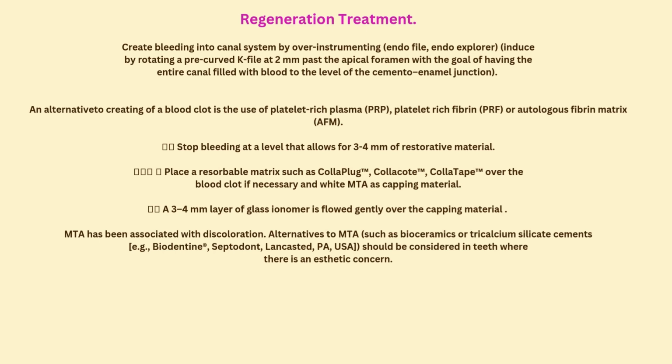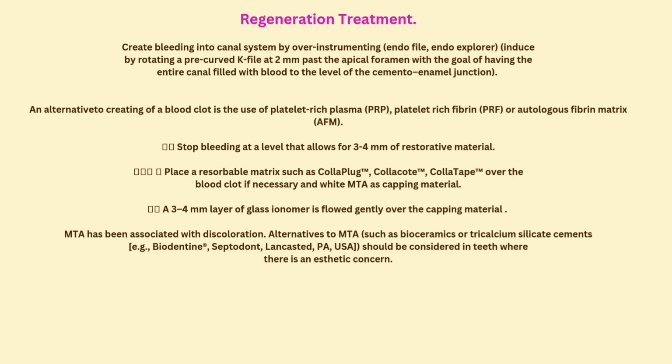Alternatively, we can use platelet rich plasma, platelet rich fibrin, or autologous fibrin matrices. We have to stop the bleeding at the level of 3 to 4 mm below the CEJ, so that we can place 3 to 4 mm of temporary restorative material.